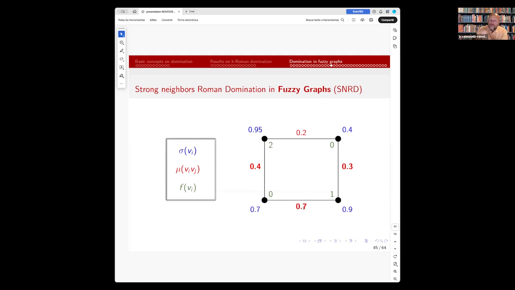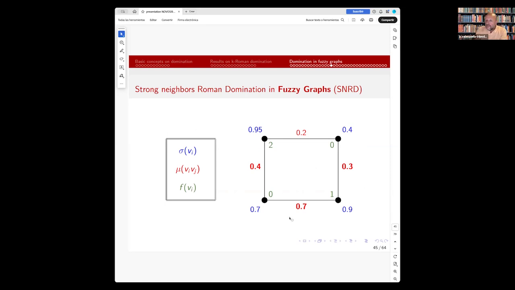Well, for example, in this case, we have the blue labels, which are the sigma values. The red ones are the mu values, and the green ones are the labels assigned by the Roman dominating function. In this case, we assign to this vertex the label 2, to this one the label 0, also this one, and the last one a label 1.